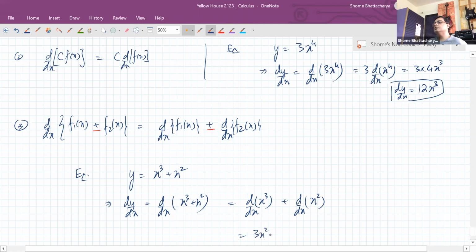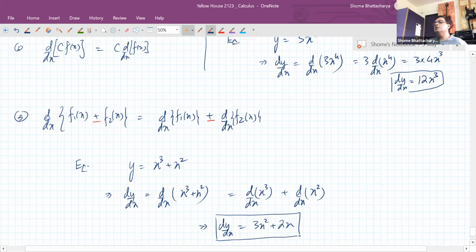So this becomes 3x square and this becomes 2x. So ultimately our dy by dx becomes like this. You'll see that by using the above x to the power n formula and by using these two properties, you can literally differentiate most algebraic functions quite easily by using these two, or rather these three.